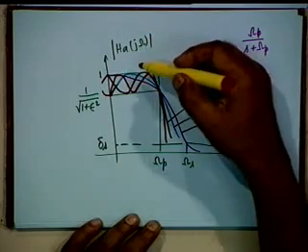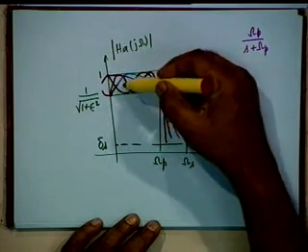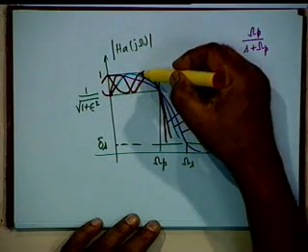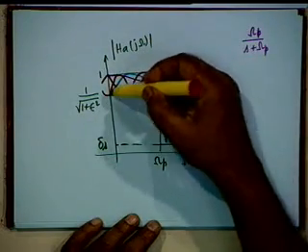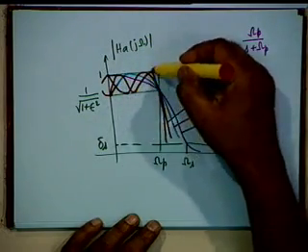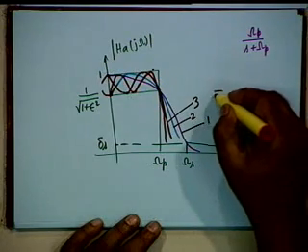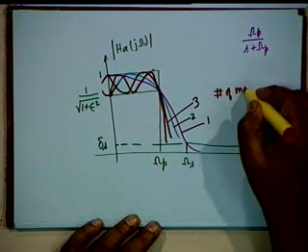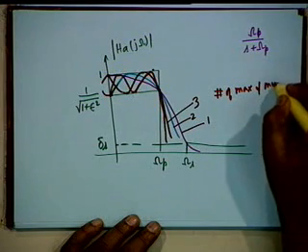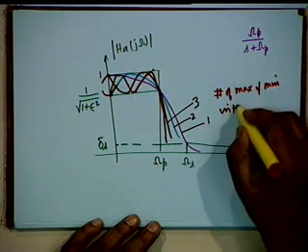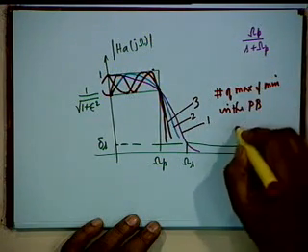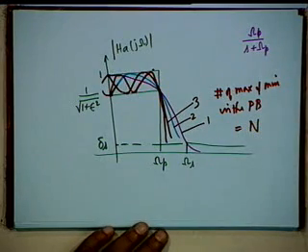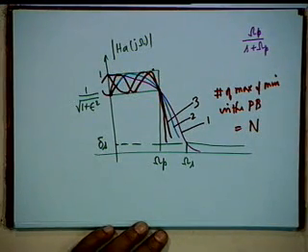If you take capital N equal to 3, 1, 2, 3. If you take capital N equal to 4, 1, 2, 3, 4. So, the number of maxima and minima in the pass band is equal to capital N, the order of the filter.